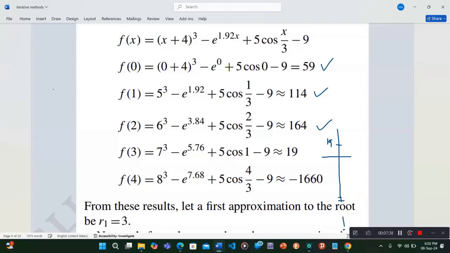So you can see 19 is closer to 0 than this negative 1660.